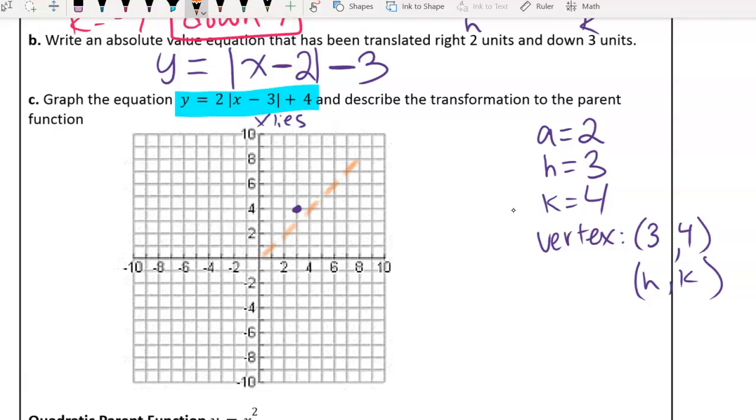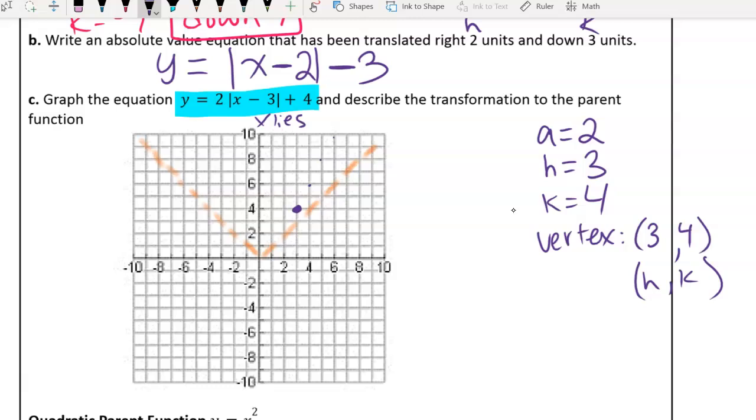I'm just going to put in my parent function right here. The parent function starts at the vertex at the origin, and then goes in both directions with a slope of 1, 1. So now with my a being 2, my slope is 2. So how many up or down should I go? We should go up 2 and over 1.